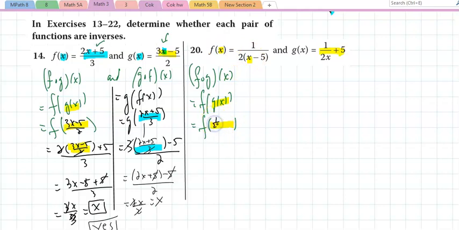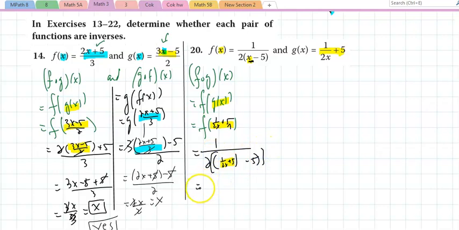That is 1 over 2x plus 5. That is 1 over twice. And all I'm going to do is replace this x by that mess. That is 1 over 2x plus 5.